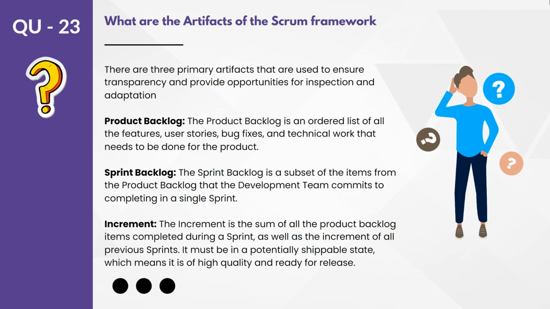Then in the second sprint, a second set of stories is delivered to the customer. Now your increment is the second sprint stories plus all the past sprint stories. So the three artifacts in a Scrum framework are product backlog, sprint backlog, and increment.